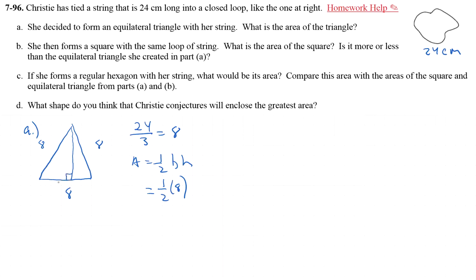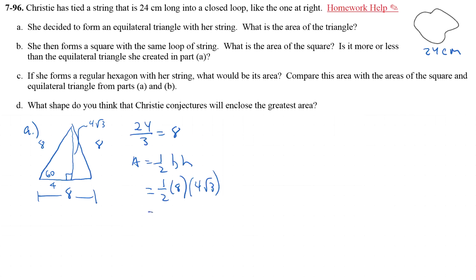That's this distance here, but we can find it because we know this angle here is 60. And we know if this whole length here is 8, then we know this is 4, and this length here has to be 4 root 3. So then this is times 4 root 3.